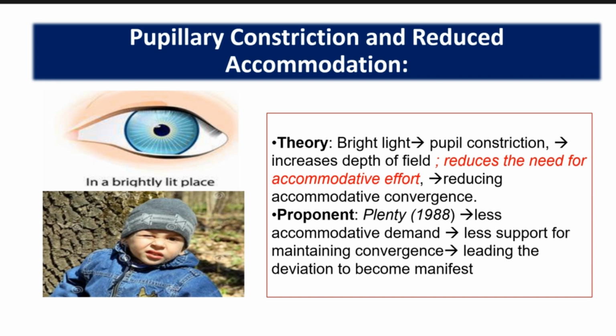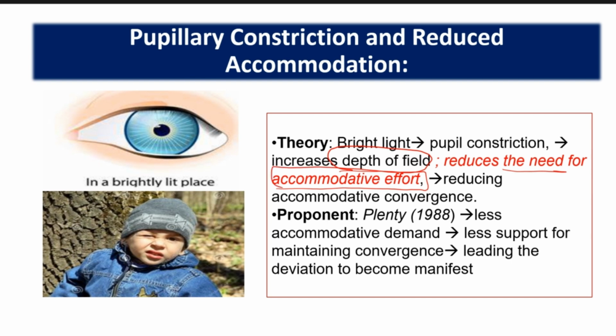So here we'll talk about the pupillary constriction and reduced accommodation. In bright light, the pupil is going to undergo constriction, right? As the pupil undergoes constriction, this will increase the depth of field and it reduces the need for accommodative effort to some extent, right?